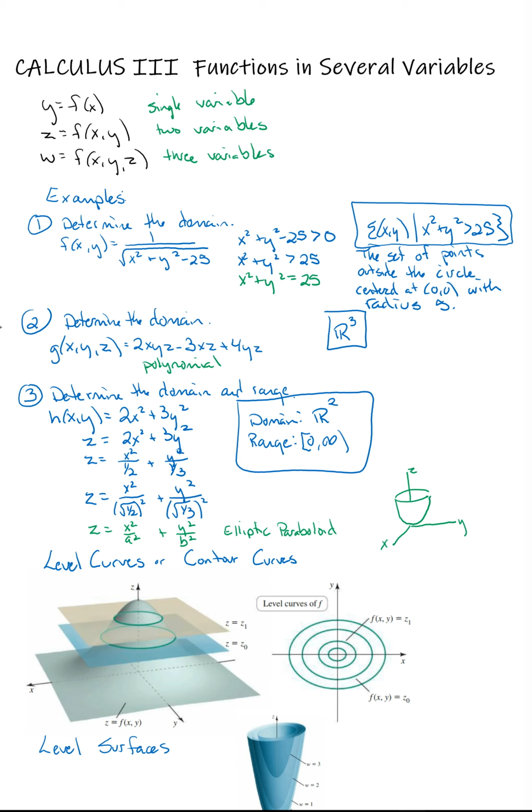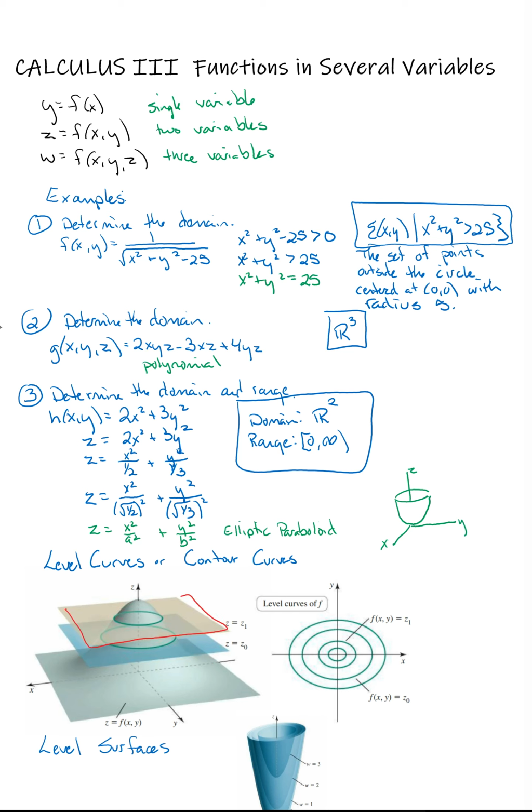I also want to just briefly mention another idea that we can get from this that's called level curves. Now, level curves, also called contour curves, you can kind of see what those look like. Here we have a curve that looks like that nice smooth hill. And what we're going to do is take a plane.